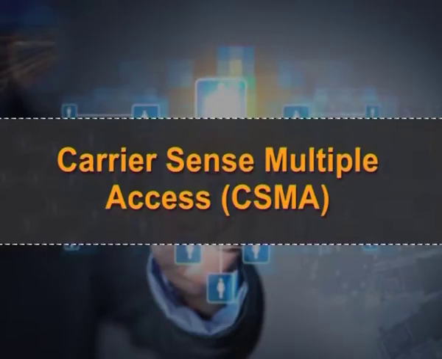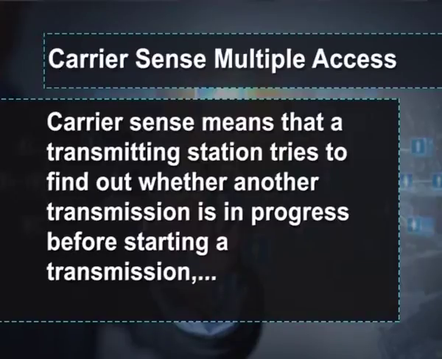Next technique is carrier sense multiple access, that is CSMA. Carrier sense multiple access is a probabilistic media access control protocol in which a station confirms the absence of other traffic before transmitting data on a shared transmission medium. Carrier sense means that a transmitting station tries to find out whether another transmission is in progress before starting a transmission.